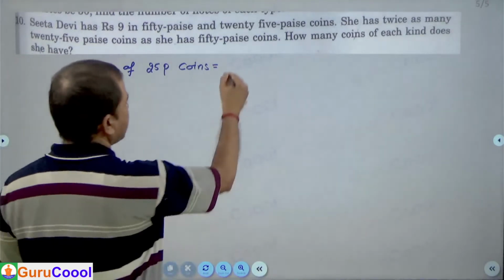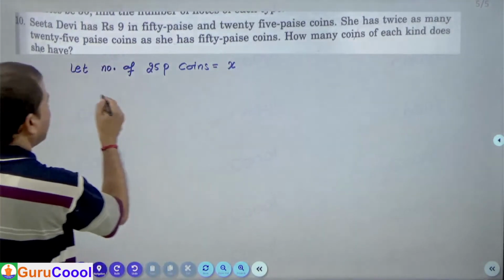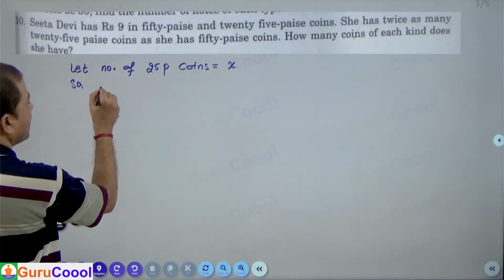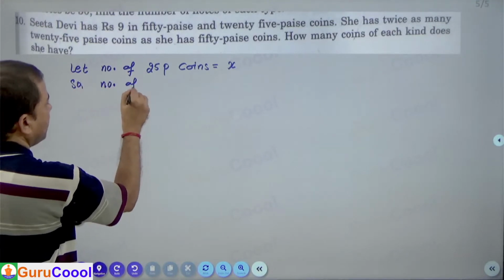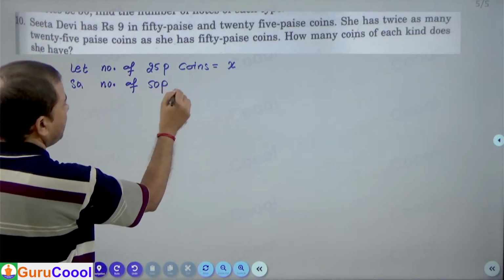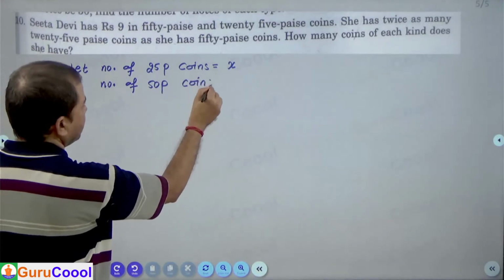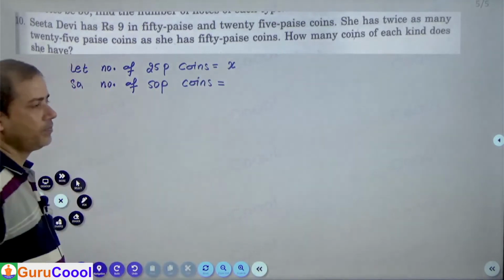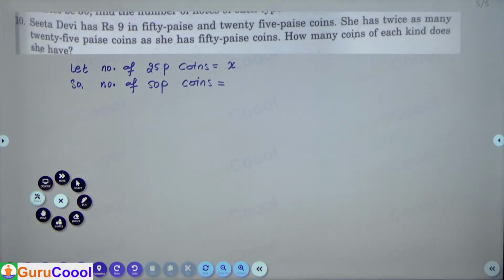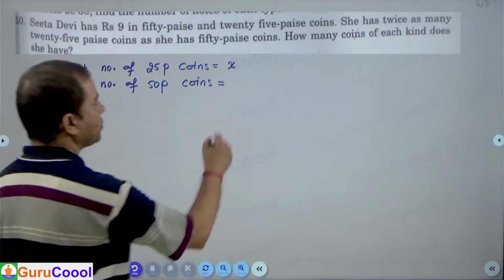Let us take it x. So the number of 50 paise coins, how much? How many 50 paise coins? Sir, 2x. Yes, twice. Twice means 2 times.